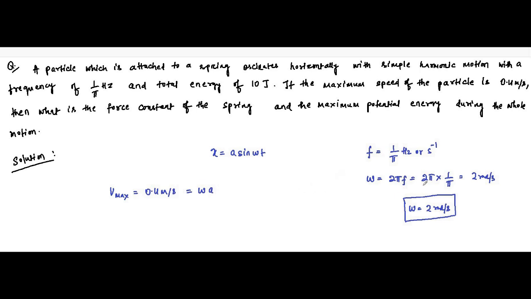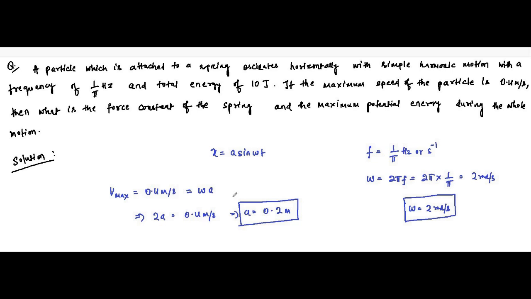Omega we have calculated, 2 radians per second. So that implies 2a is equal to 0.4 meters per second. That implies a is equal to 0.2 meters. That is the amplitude of SHM.